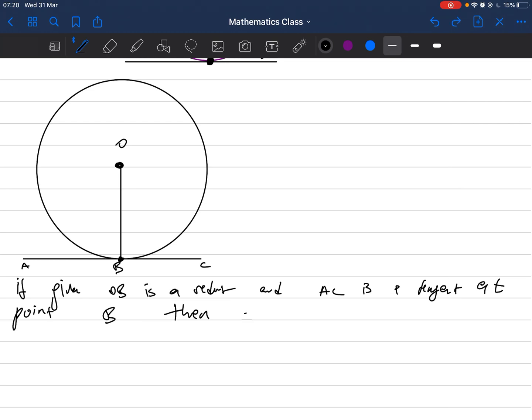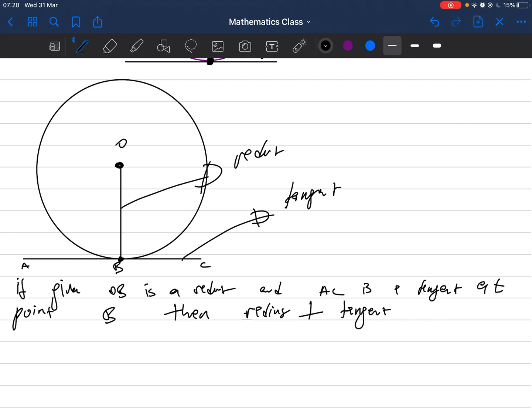Remember, this is your radius. This is your tangent. That's what it means. That's your result.